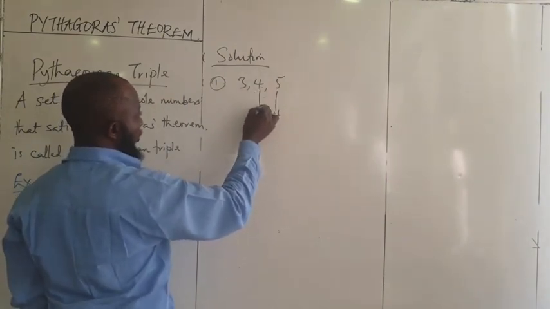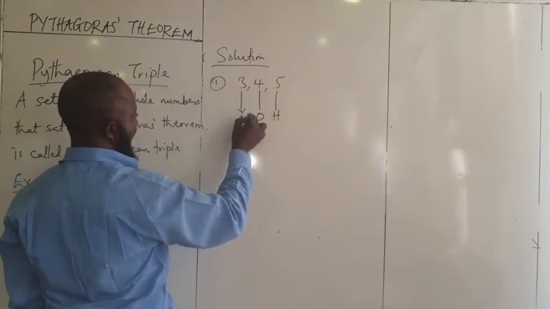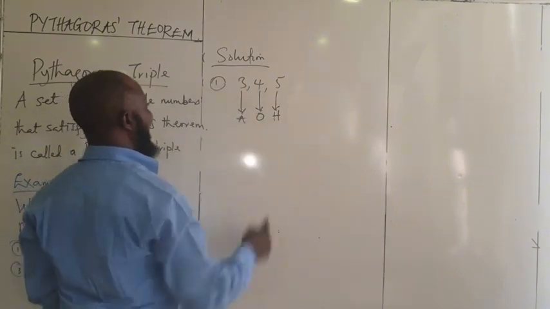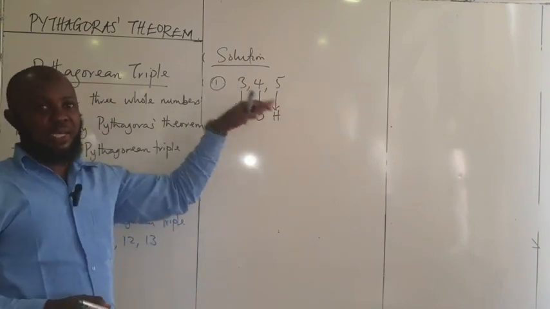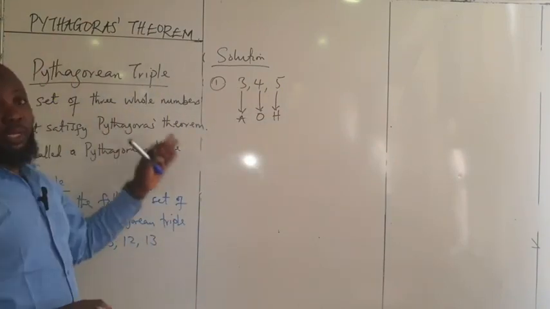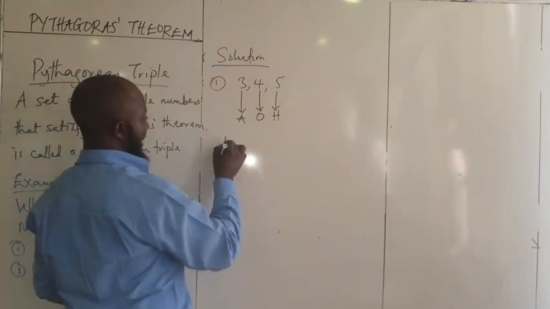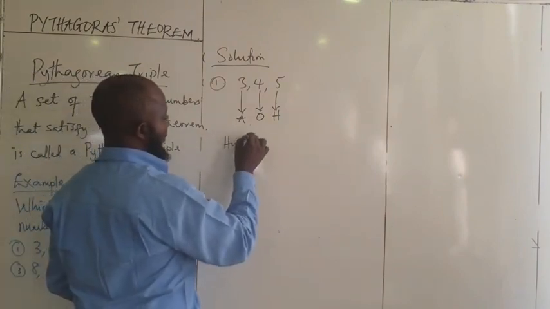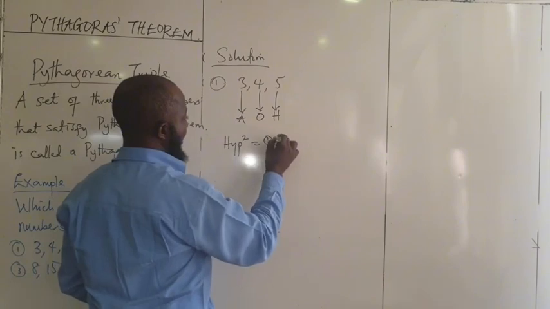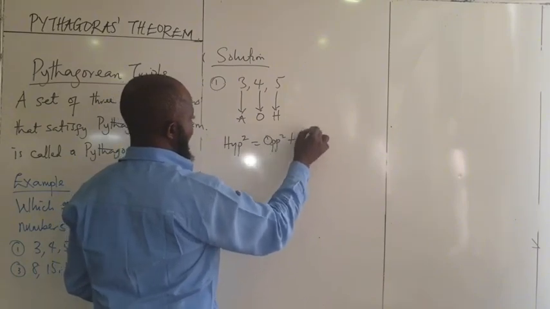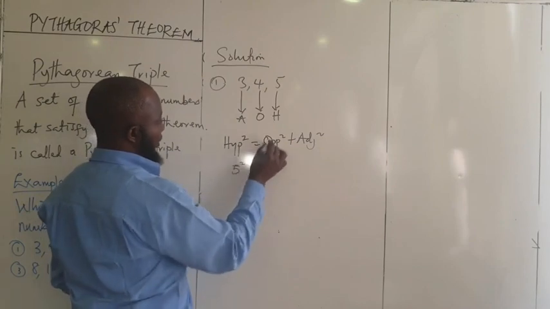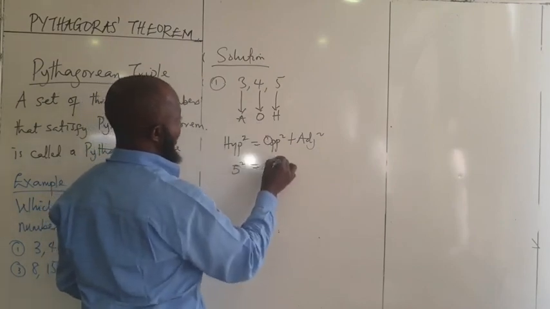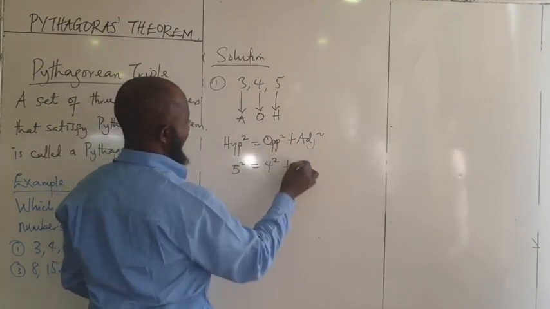We can make this one opposite and this one adjacent. We now test whether this set of numbers satisfies the condition for Pythagoras theorem. Hypotenuse squared equals opposite squared plus adjacent squared. So 5 squared equals 4 squared plus 3 squared.